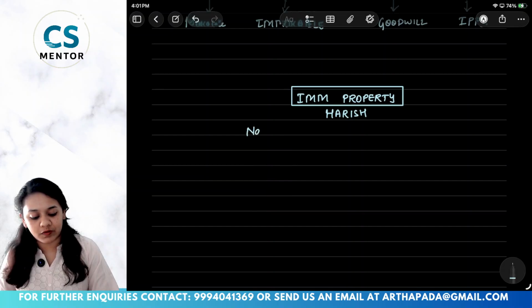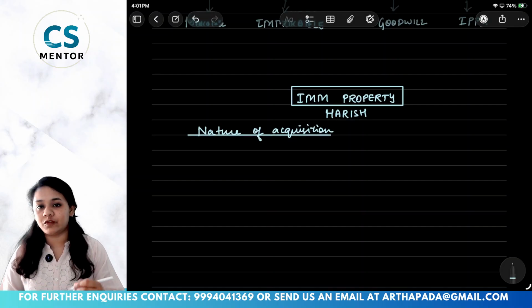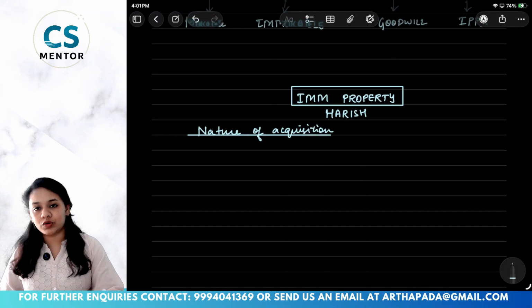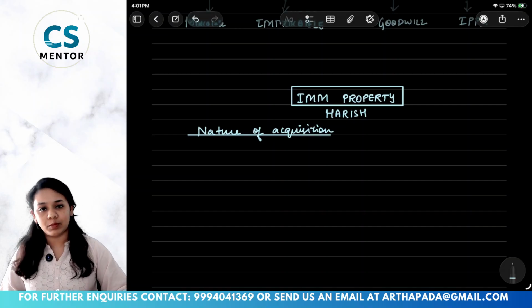The nature of acquisition is the first thing that we're going to try to understand from both a tangible and intangible property point of view.